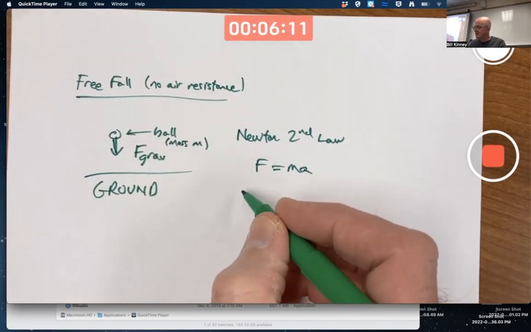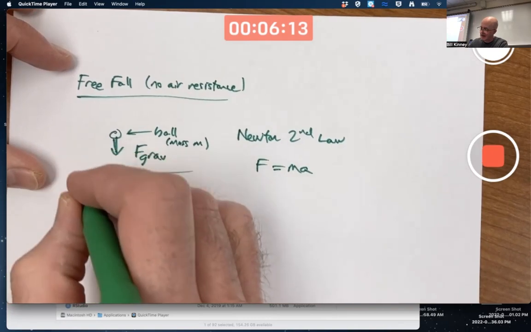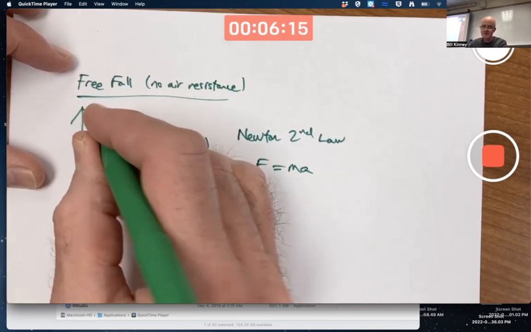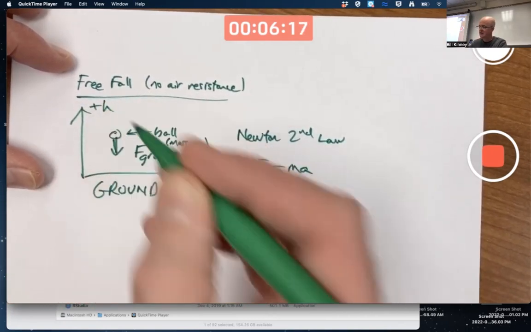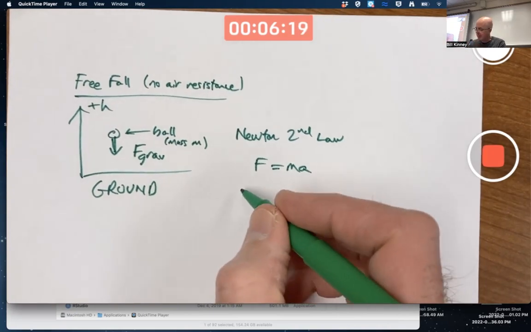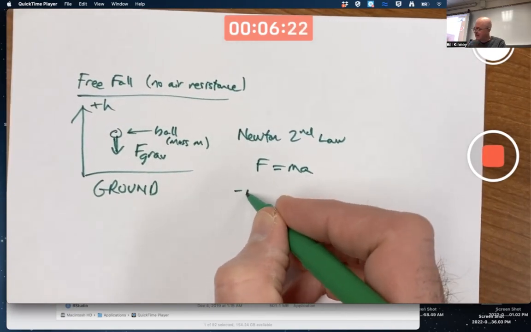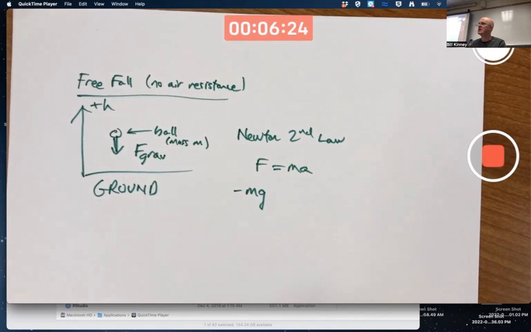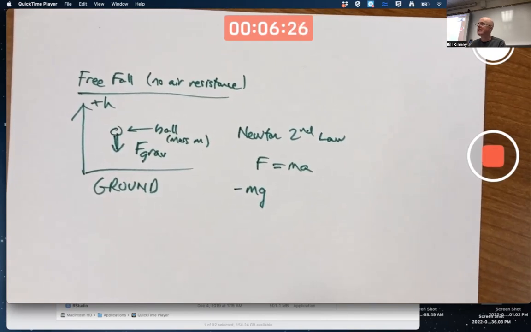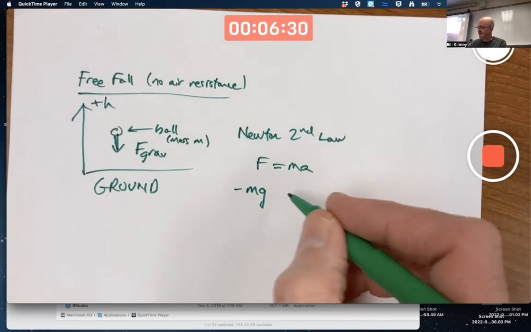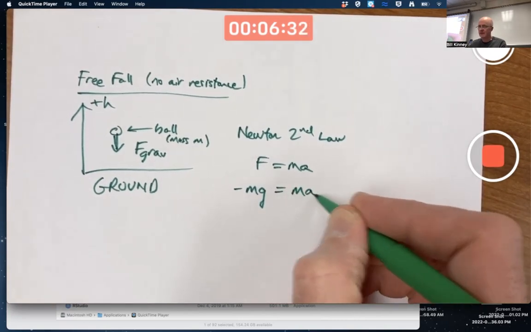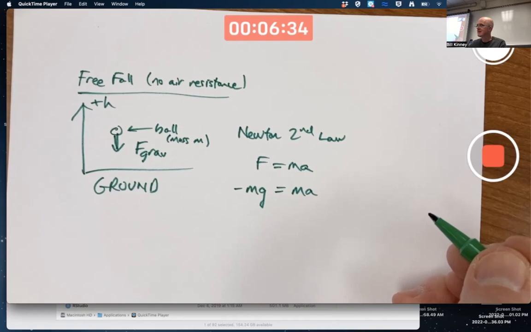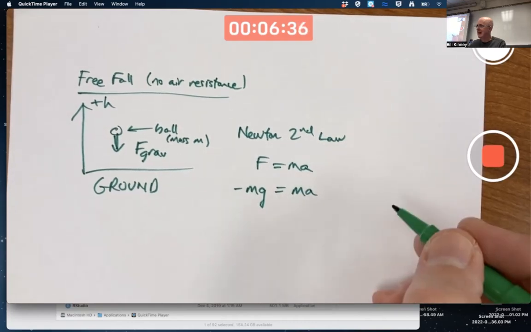And since it's in the downward direction and the upward direction is the positive h direction, say, you have to put a negative sign in front of it. Negative mg turns out to be the force due to gravity in the downward direction. And it's got to equal the mass times the acceleration. Yes, you can cancel the masses there. The m's cancel, but let me not quite do that yet.